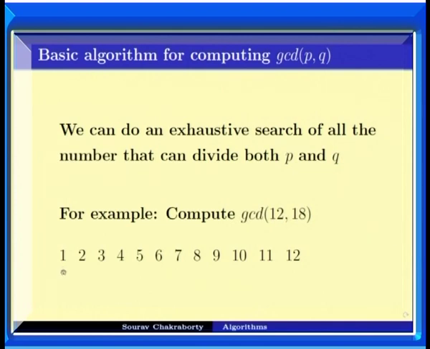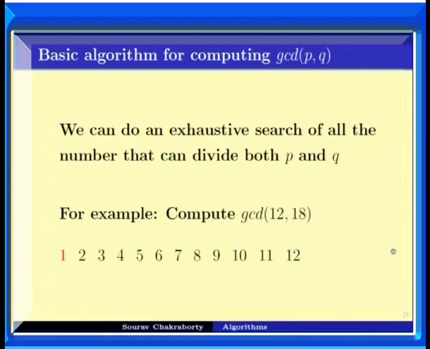Then we go one by one from left to right and try to mark out which integers divide both 12 and 18. For example, 1 does divide 12 and 18, so we mark it red. Then comes 2, which also divides 12 and 18, so we mark it red. Then 3 again divides both 12 and 18, so we mark it red.